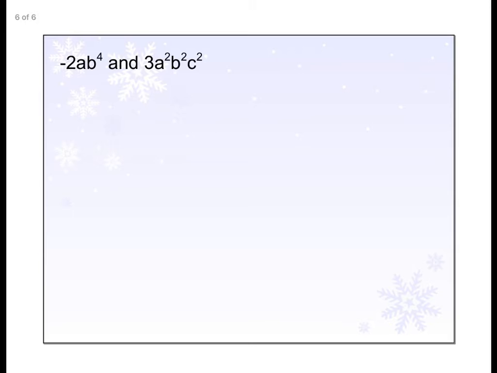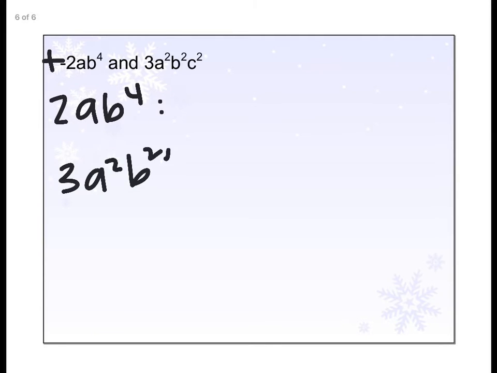And we've got one more. There is a typo here. This should be a positive 2ab to the 4th, not a negative. I apologize. So we're looking at 2ab to the 4th and 3a squared b squared c squared.